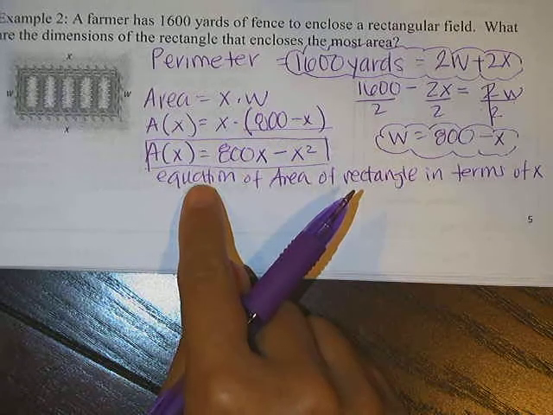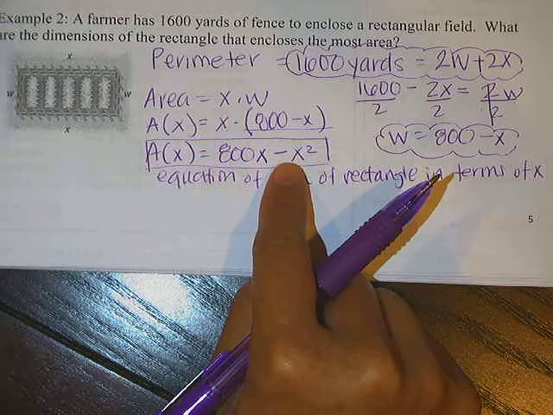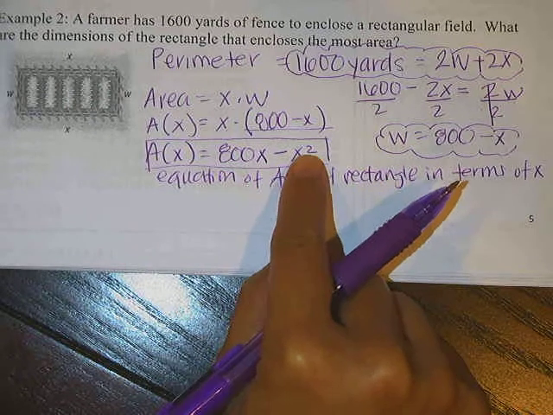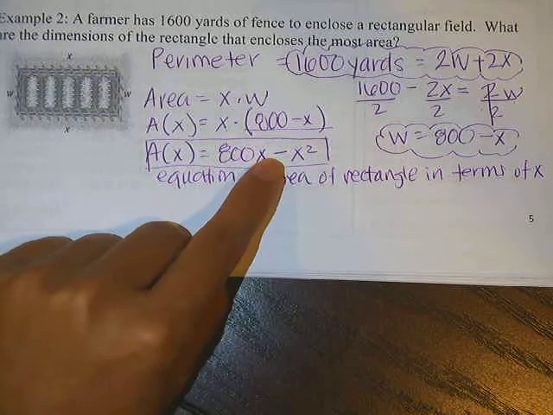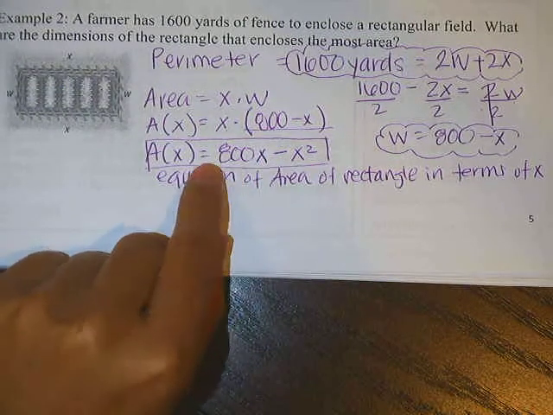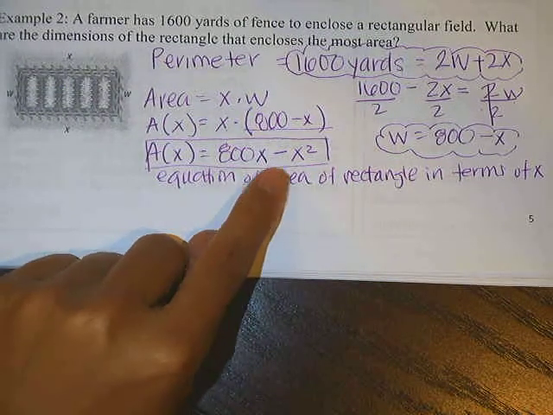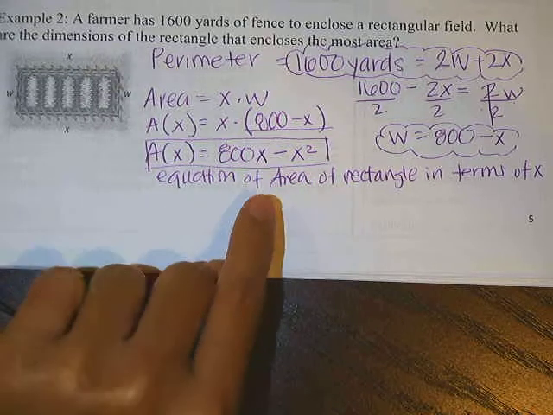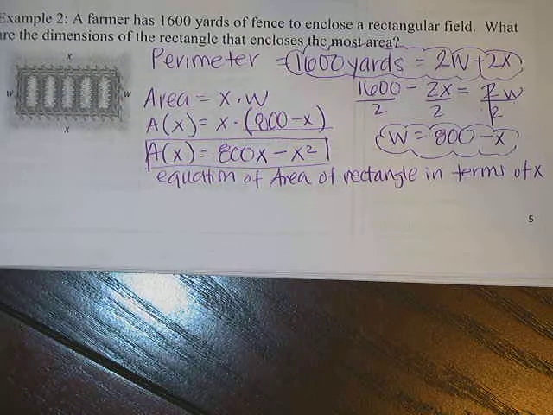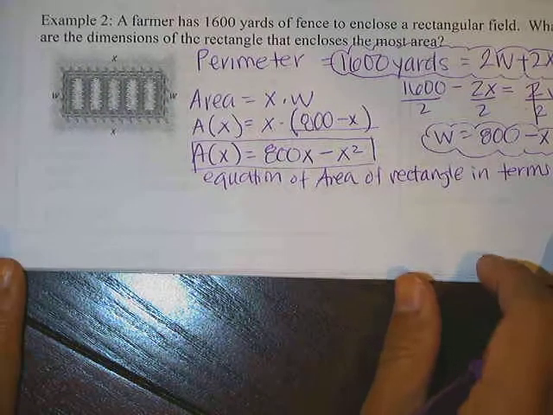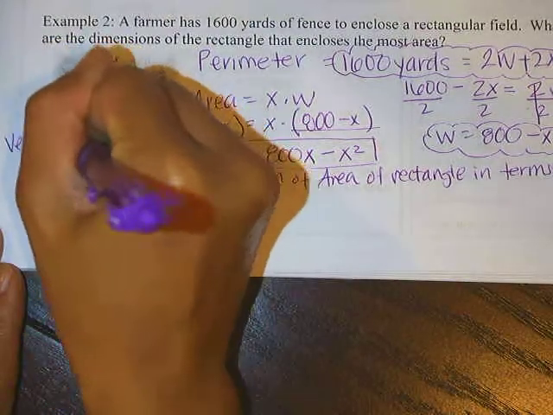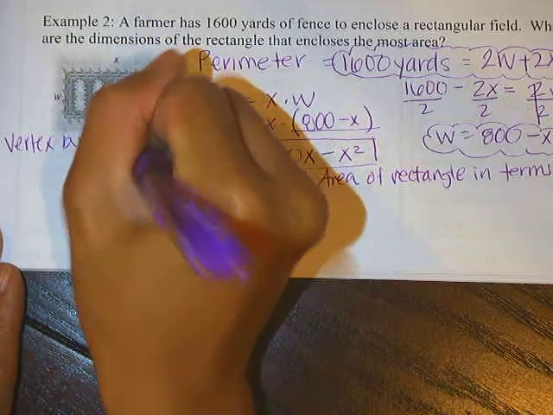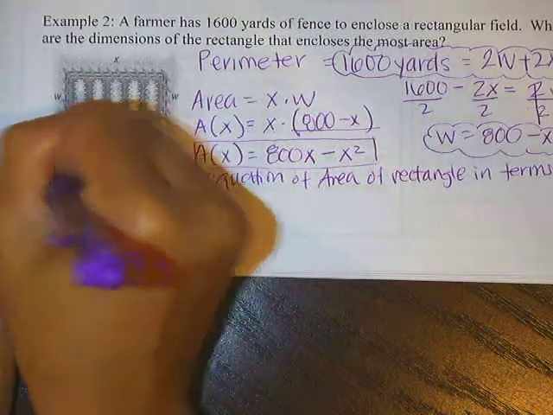Because this is a parabola, as you can see, this is an x squared. It opens down because if I were to rewrite it in standard form, this is minus x squared plus 800x. So a parabola opening down has a max point, which is called the vertex. And to find the vertex by hand, x equals negative b all over 2a.